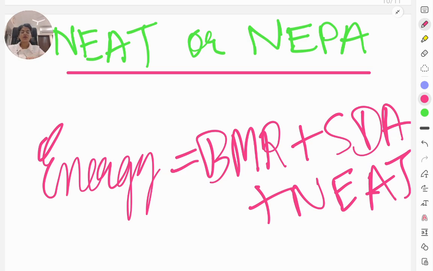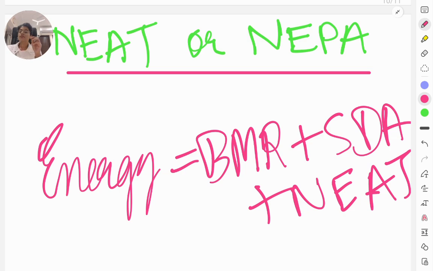Now what is the nutritional importance of carbohydrates? Carbohydrates, as we know, are the chief source of energy. Carbohydrates are of two categories: one is utilized by the body, and the other is not utilized by the body.